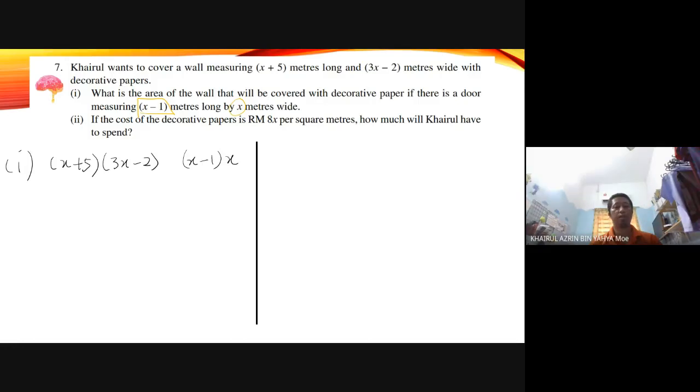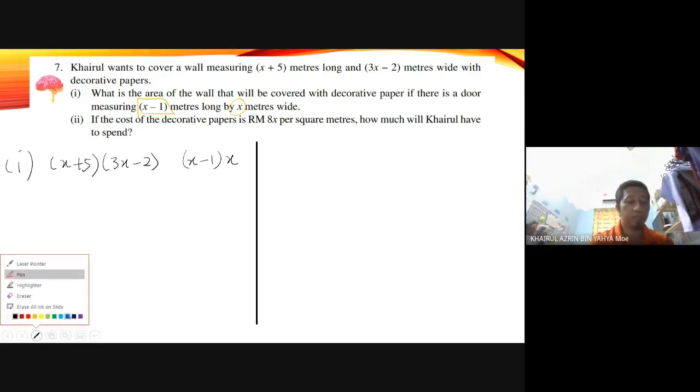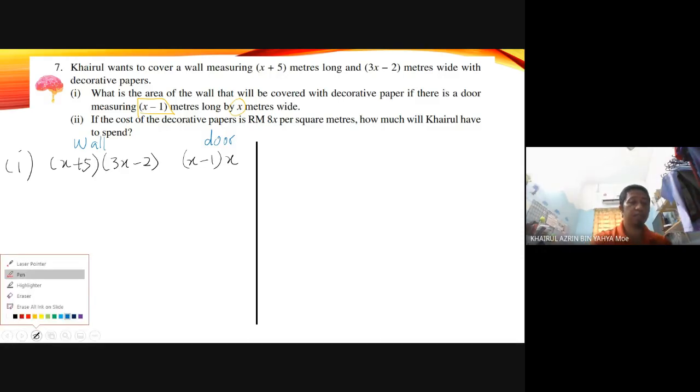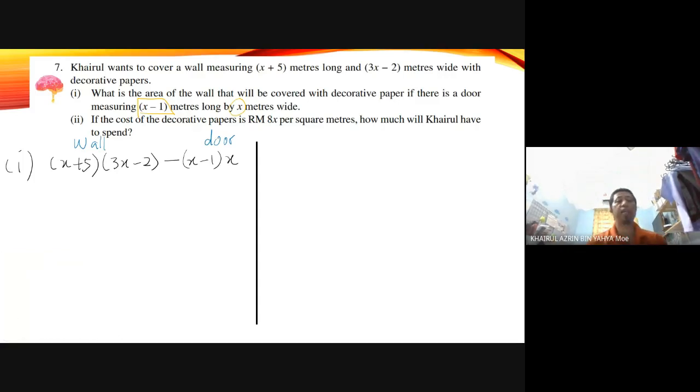Let me write here with a different color. This is the wall, this is the door. To get the area covered, we need to subtract: area of the wall minus area of the door. So we can get the area covered with the decorative paper.